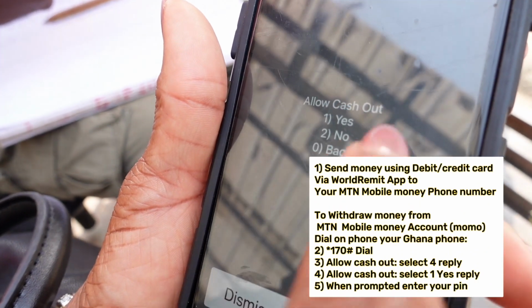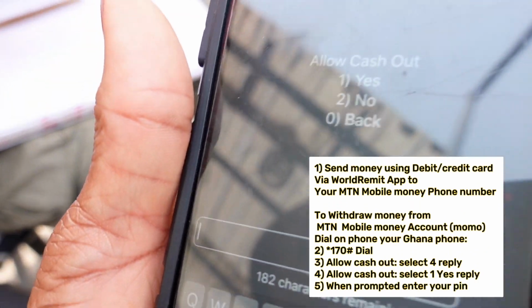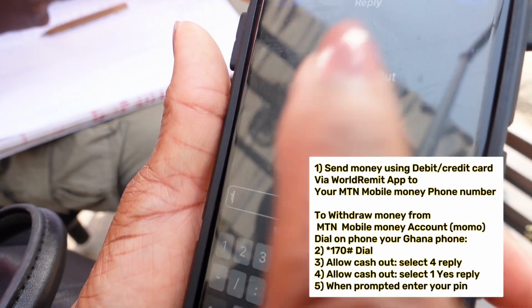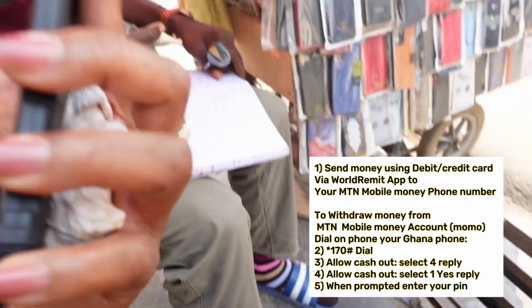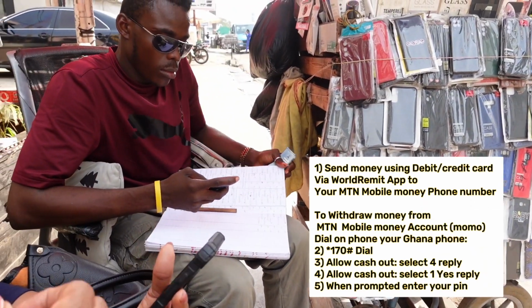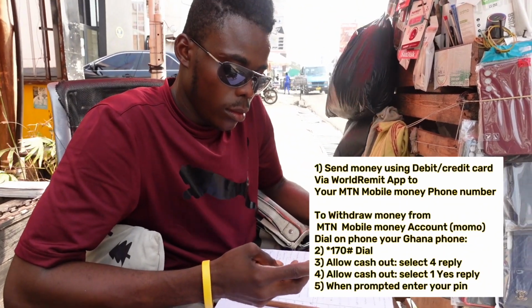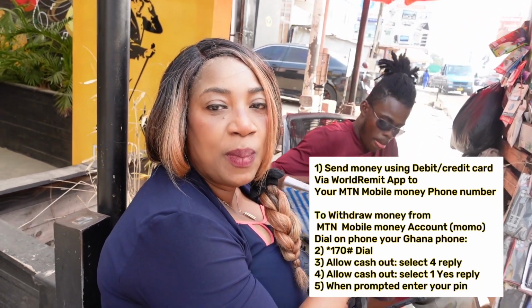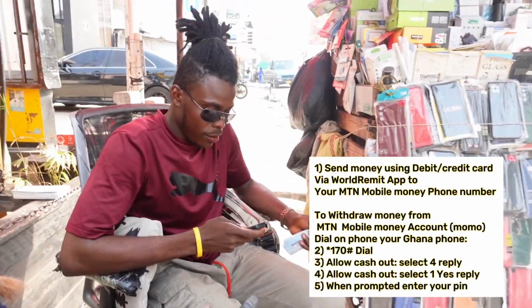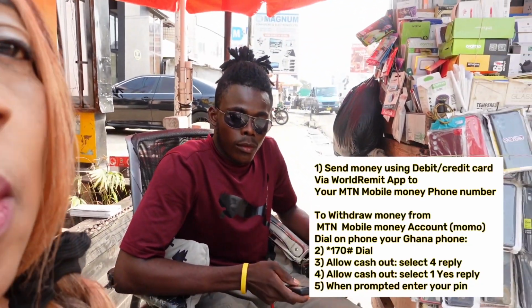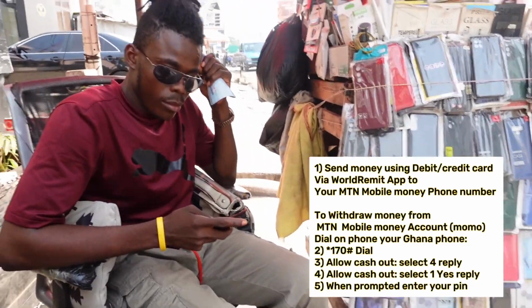And then it's allow cash out and allow. Yes. And then now I'll have to wait for him. I already gave him my phone number, which is my account, and I told him the amount I want to withdraw.